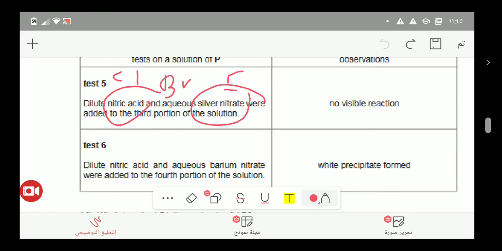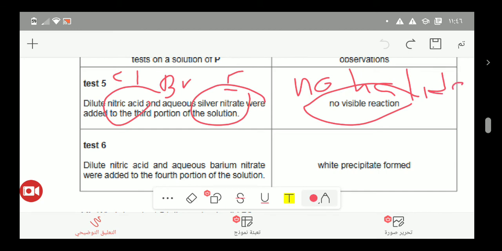He tests the presence of one of those halide groups, supposing the compound may be AlCl3 or AlBr3 and so on. What he found was no visible reaction, so no halide here.